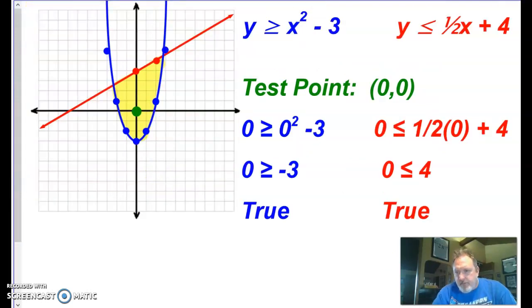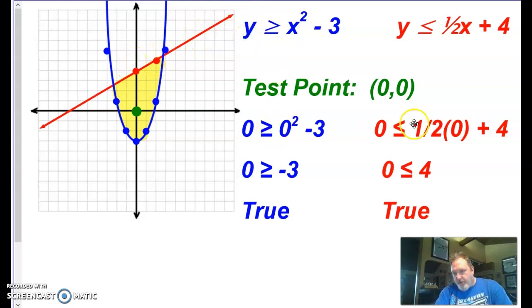Okay, now again, we still have a system of inequalities. This time we have a linear equation and a nonlinear, in this case a quadratic. So this first one here is going to be a solid curve, solid because of the greater than or equal to, and we have a parabola opening up starting from -3, and then our line is also solid, less than or equal to 1/2 x plus 4, so y-intercept of 4, slope of 1/2.